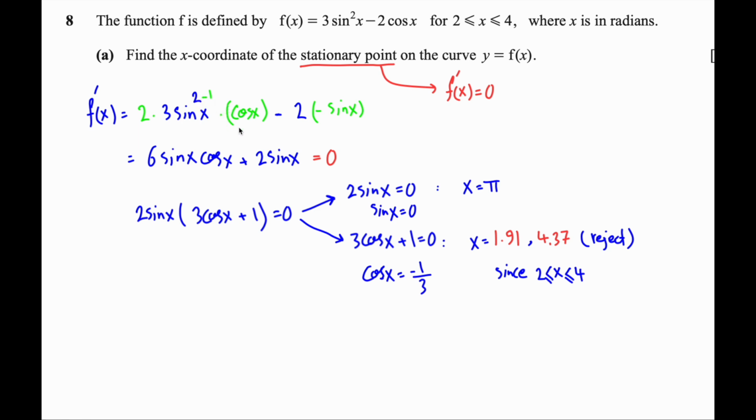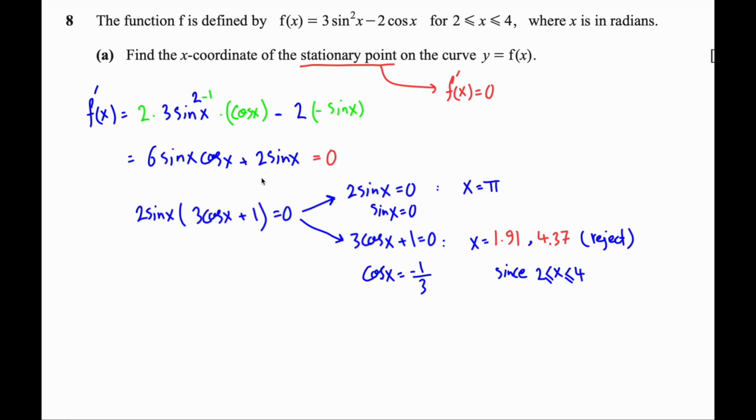And then don't forget to multiply by the derivative of inside, which is the derivative of sine x, and that is cosine x. And then the second function, 2 cosine x, you just simply take derivative of cosine x and ignore the coefficient. And as you all know, the derivative of cosine x is negative sine x.